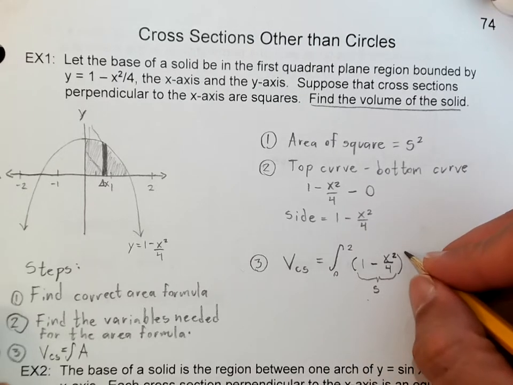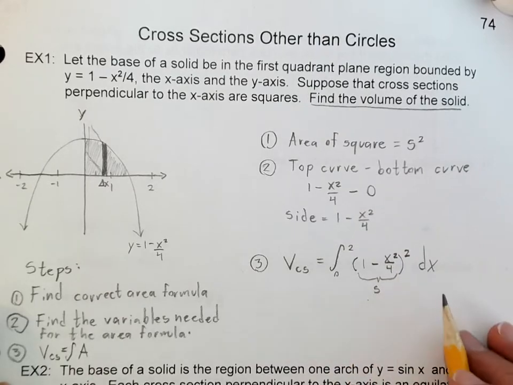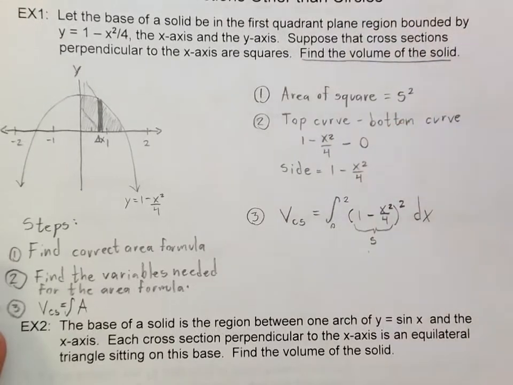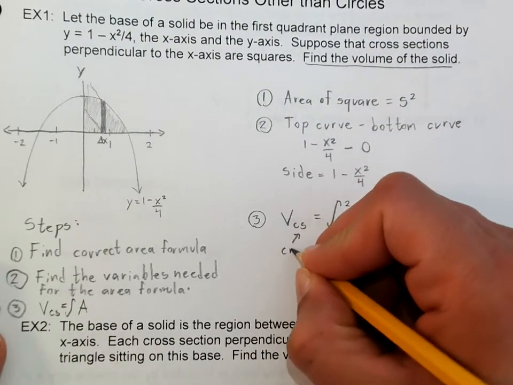This is squared, of course. Remember, this is S squared dx. And if I integrate that, I'm going to get the volume of the cross-sectional shape.